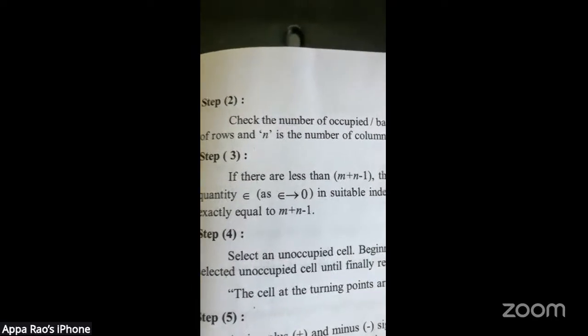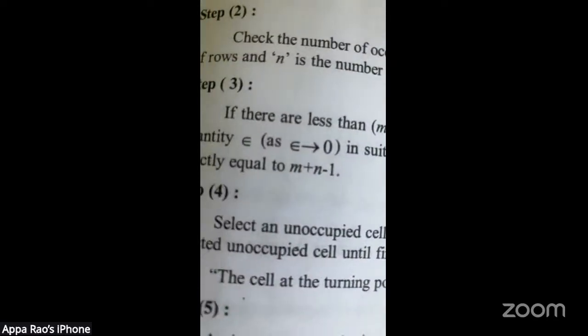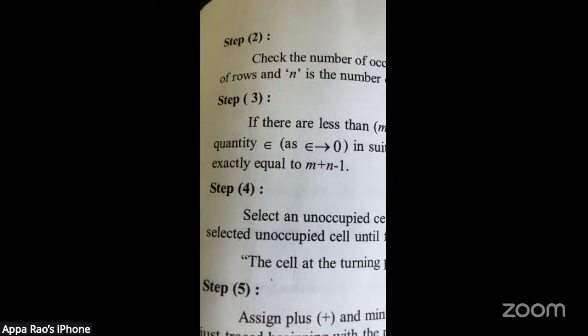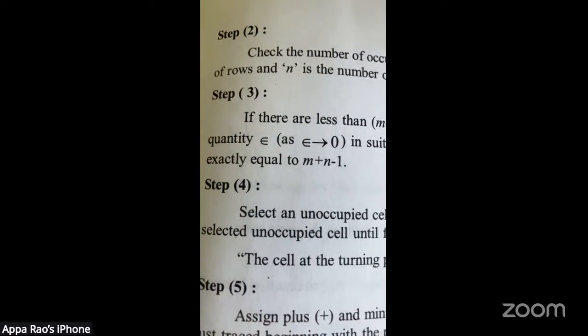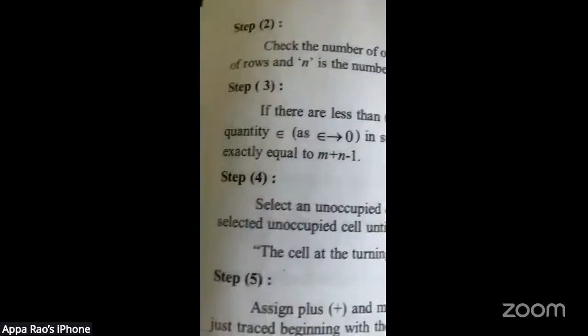Step two. Check that the number of occupied or basic cells is equal to m plus n minus 1, where m is the number of rows and n is the number of columns.